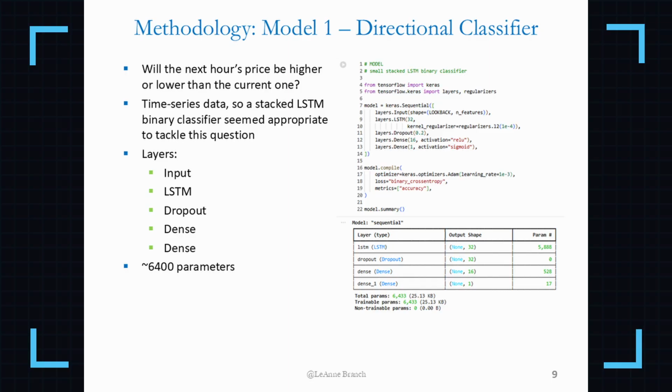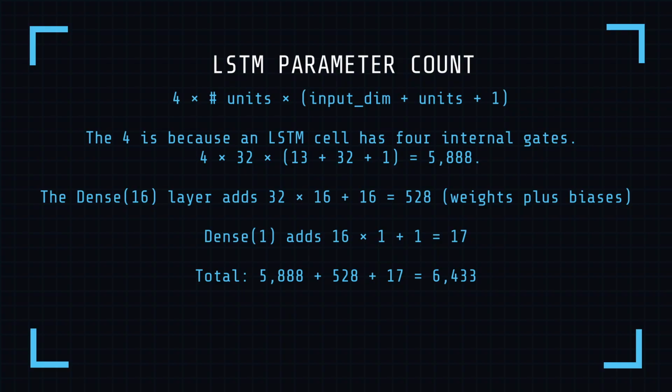The architecture is that I have an input layer, then my LSTM layer, then a dropout layer, and then two dense layers. If you're interested in the number of parameters for this model, the count is 4 times the number of units times input dimensions plus units plus 1. The 4 is here because the LSTM cell has 4 internal gates, as we discussed in class.